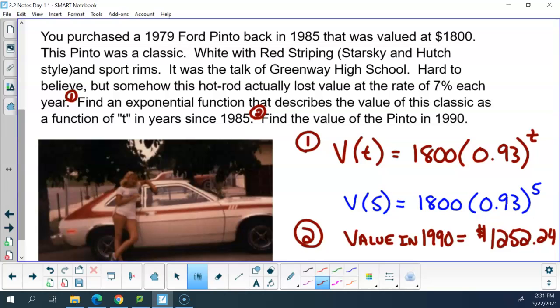Love it. That a Pinto's only worth 130? Like the accuracy of the dates and stuff. But it's also from 1979, so we have to chop off another 6 years, because she bought it 6 years used.